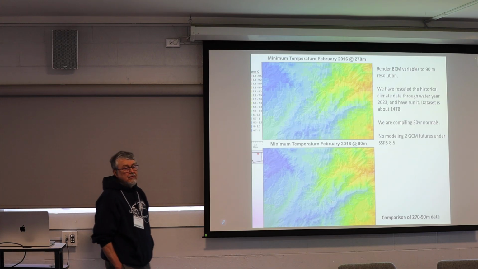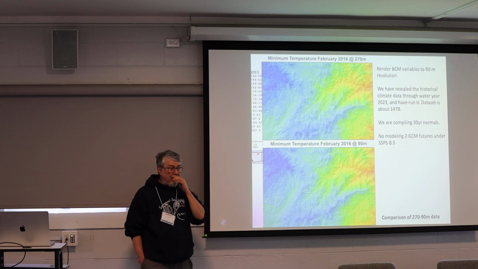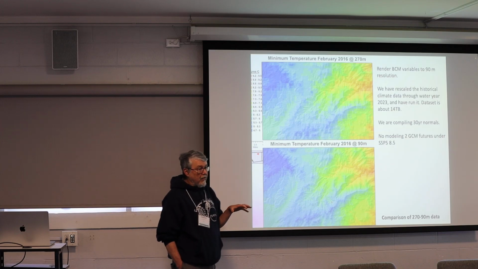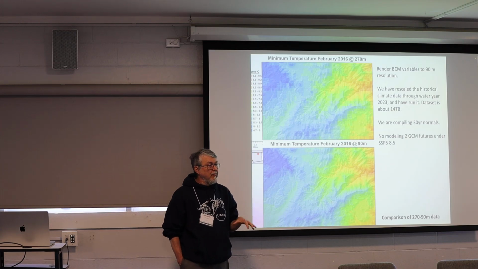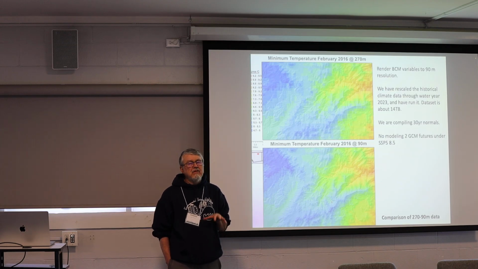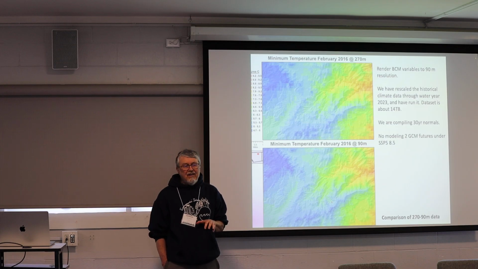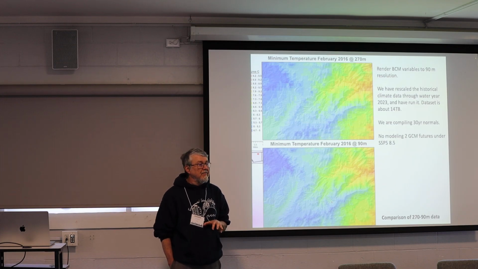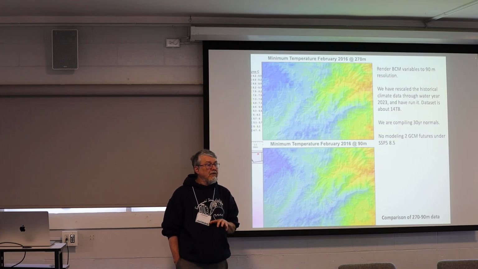This came out of a request from Southern California, where people are doing regional conservation and forestry and regional resilience planning, and they're like, 270 meters is still kind of generalized. We'd like to get something a little bit more point on.